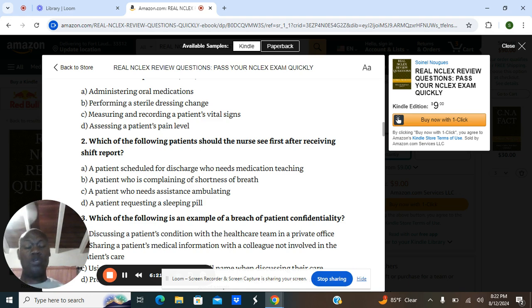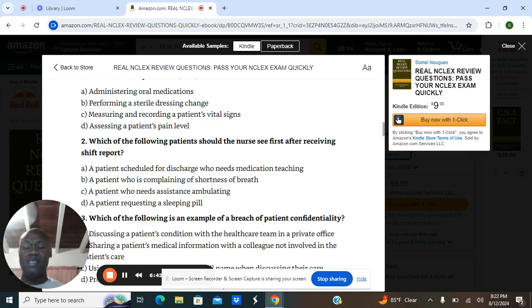Basically, you can continue to read the answers, but this is the answer. C, a patient who needs assistance ambulating. This is not important at all. D, a patient requesting a sleeping pill.